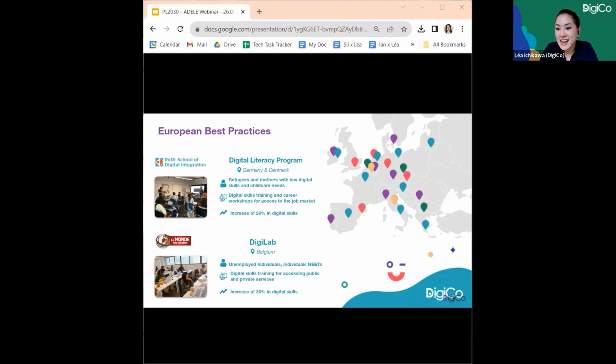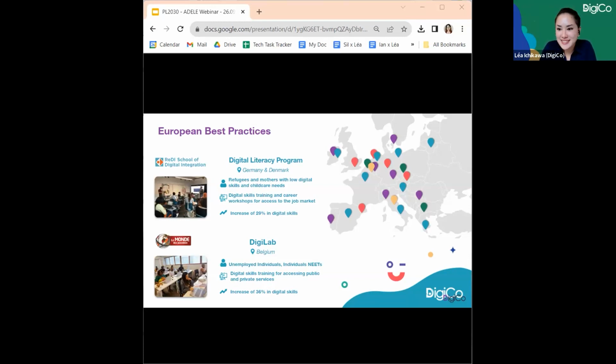And we do see that at the end, we evaluated the program, and there was an increase of 29% in digital skills. To evaluate that, we actually used Digicomp in order to understand how much change there was, right? So this is a really nice program. I invite you to have a look at what they do. They're an amazing organization, and they have a lot of great learnings.